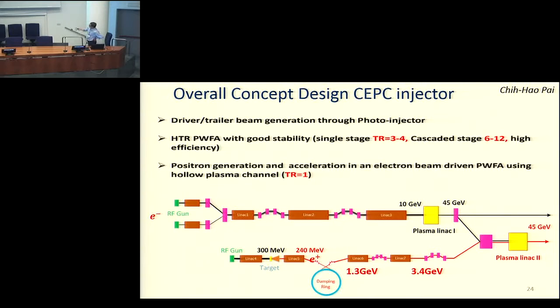This one is using the existing CPC injector, a 10 GeV injector design, adding plasma linac 1 to get the 45 GeV.